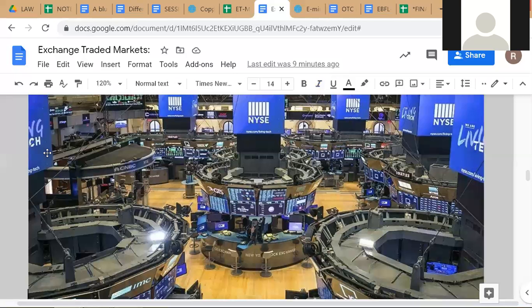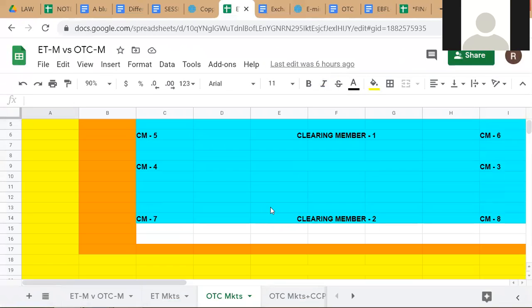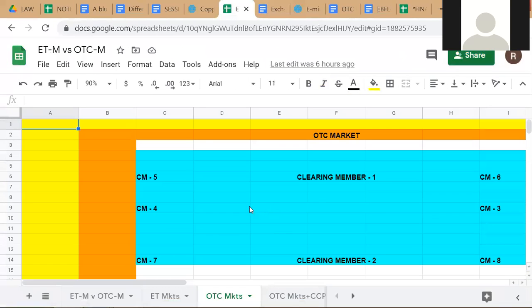But what we have tried to do is show this in the OTC market world in this kind of a framework. Okay, so I have listed everybody as a clearing member. You'll see why. You can think of these as individual participants as well. You can think of these as customers. So this could be a company, any company.